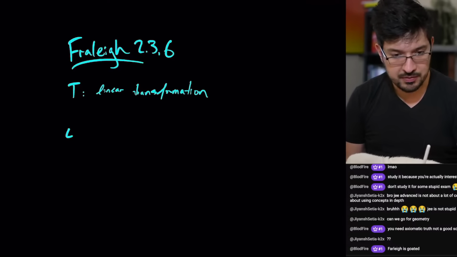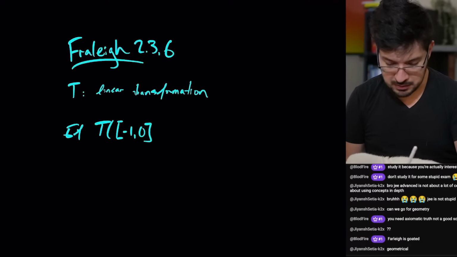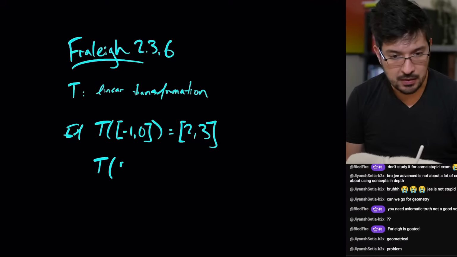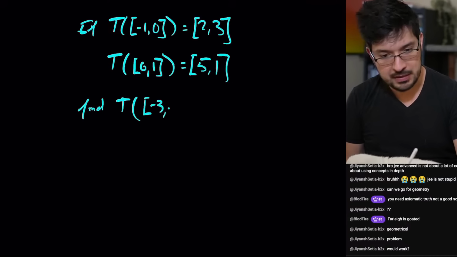And it says, if T of (-1, 0) is (2, 3), and T of (0, 1) is (5, 1), find T of (-3, -5).